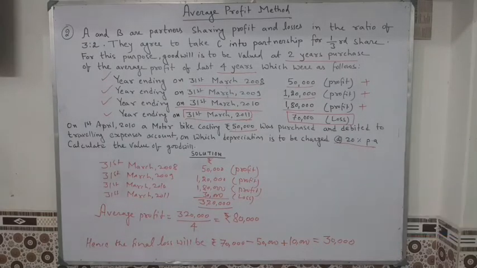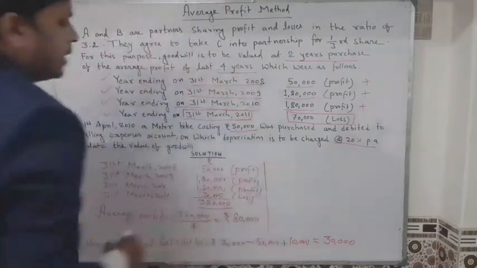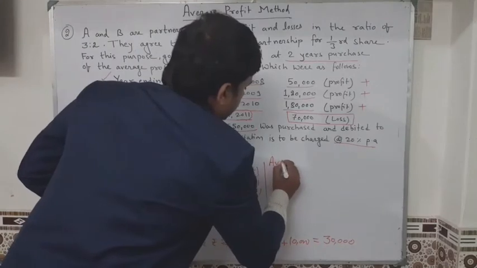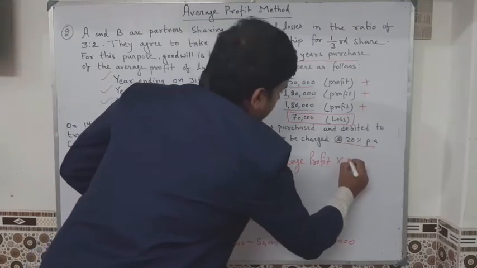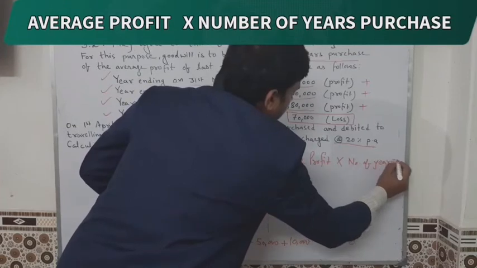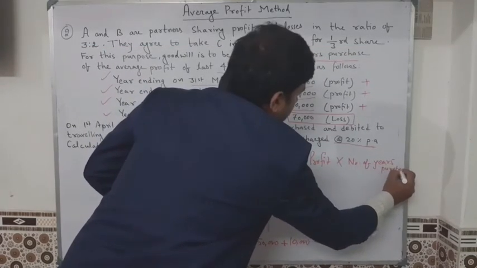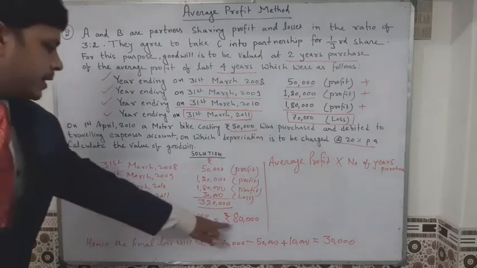We know very well the formula of goodwill under the average profit method: average profit into number of years purchase. Average profit is 80,000.